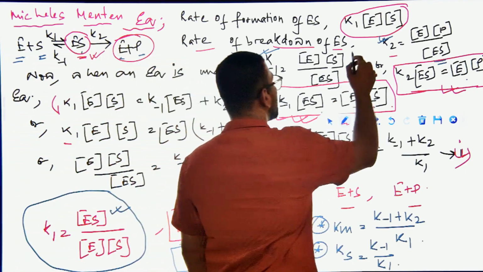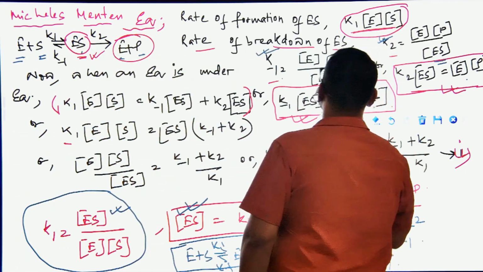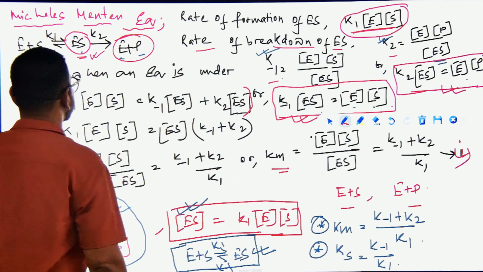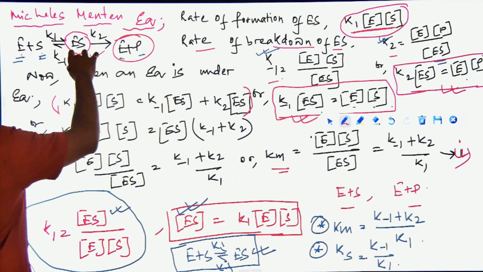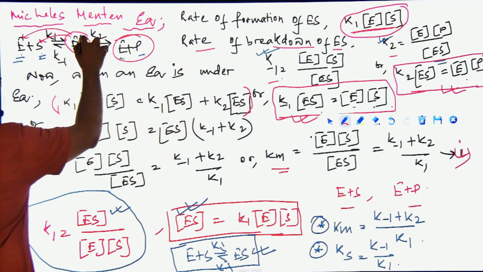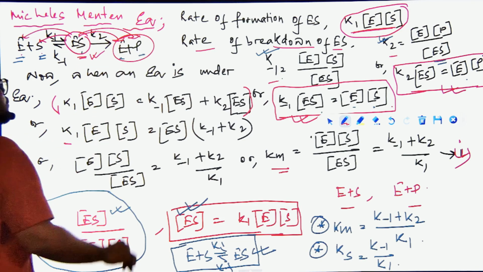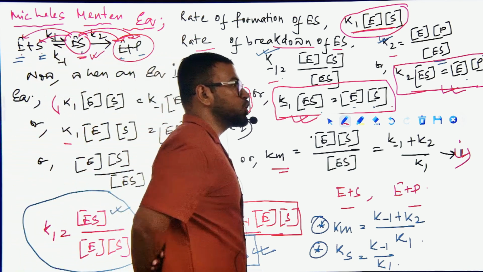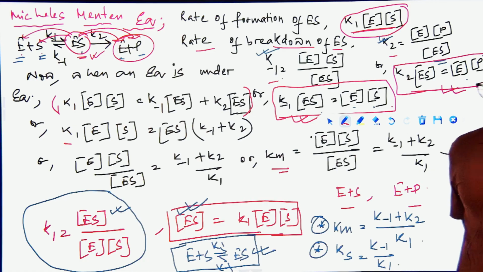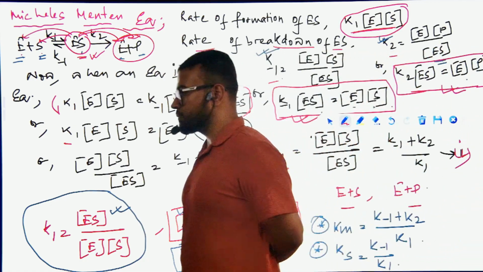So if the rate of formation of ES is K1 into E into S, then rate of breakdown should be either ES into E plus S or ES into E plus P. So both the aspects should be considered when it comes to breakdown.